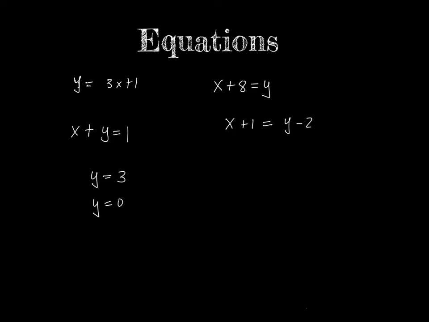Let me show you one. For example, if you have x equals 1, in this case, this will not be a function because when you graph it, at 1 you will create a vertical line. Vertical lines are not functions.